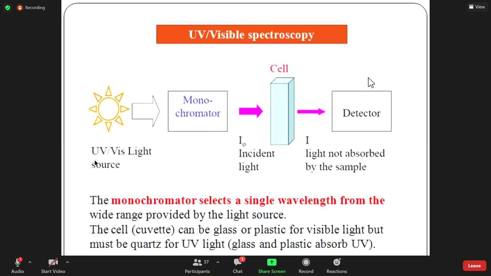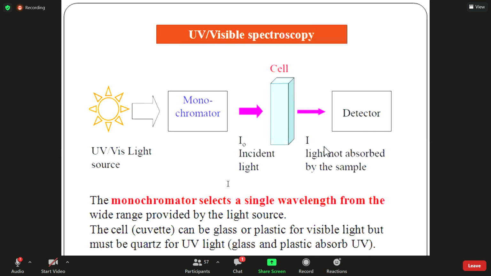Now suppose a single beam of light is coming. This is the incident light, with intensity say I naught. Now this is your cell. Cell means you have put the sample here. After going through the sample, let's say I is the intensity of the light.